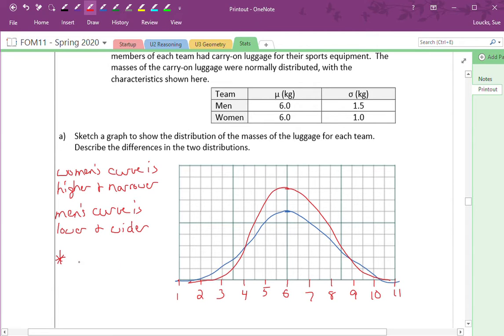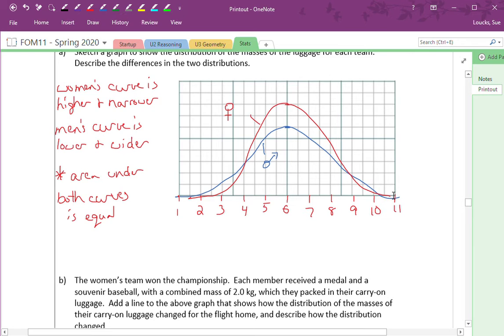But it's important to note that the area under both curves is equal, okay? And I'm just going to label that this is the women and this is the men's.